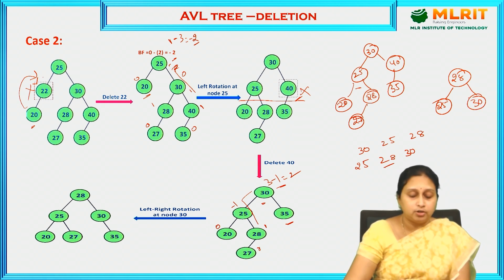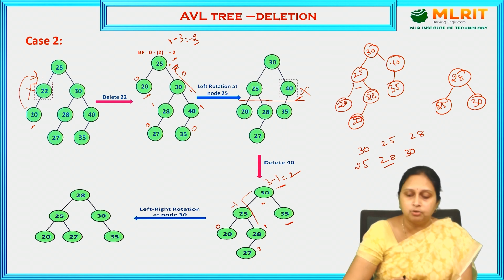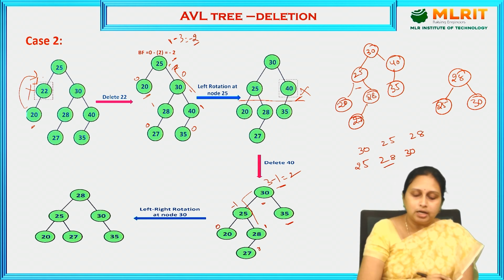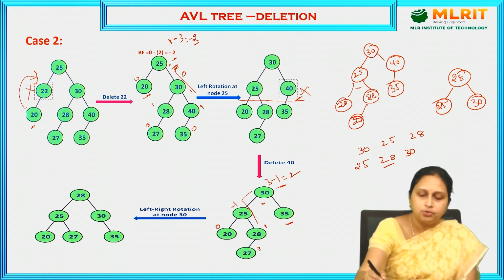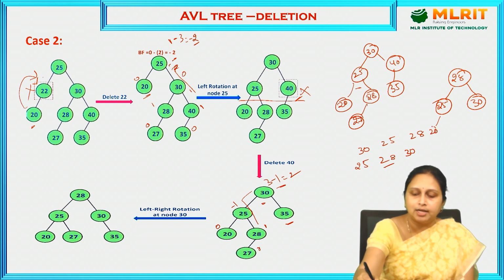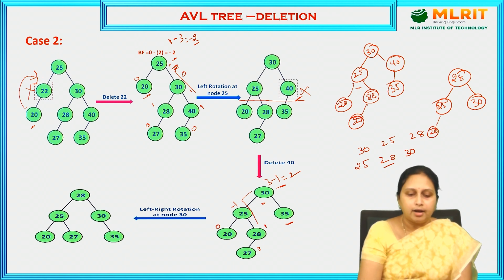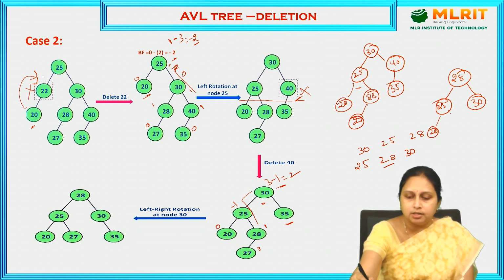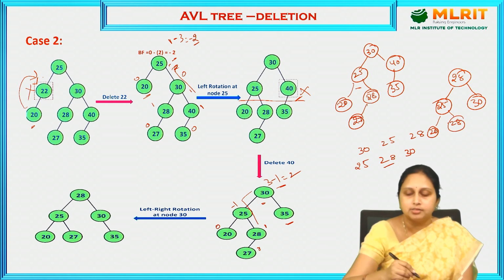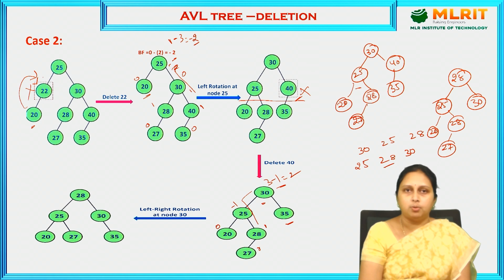Like this way you need to place, and the remaining elements we need to place in the proper order. What elements do we have left? For 25 you have the left child as 20, and for 25 the right child is 28. This is as it is, and this one is also 27. You don't have any problem with this, right?